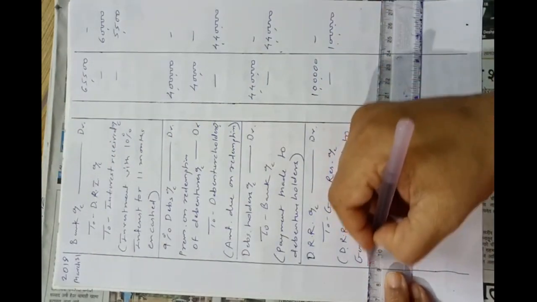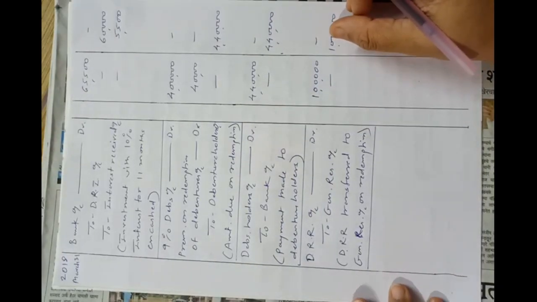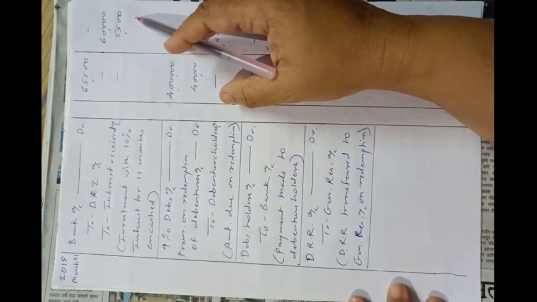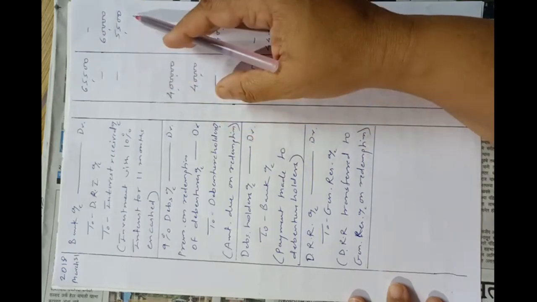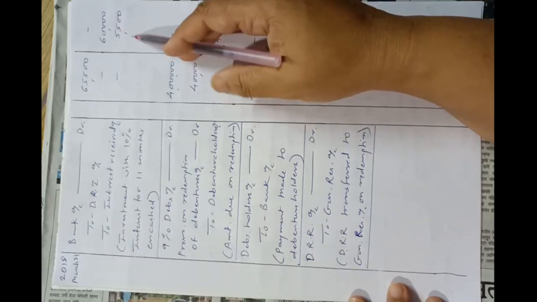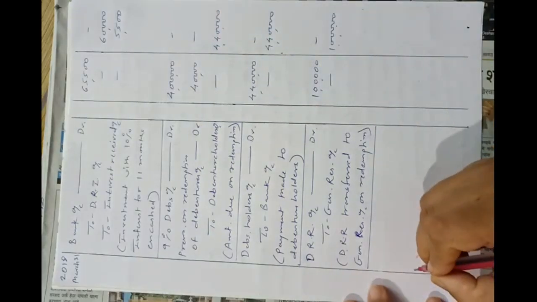And now the company has received interest 5,500 from the investment made in government securities. So this interest is income of the company, so it should be transferred to statement of profit and loss.